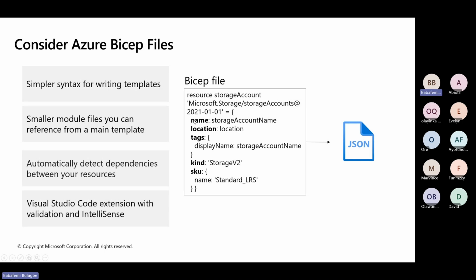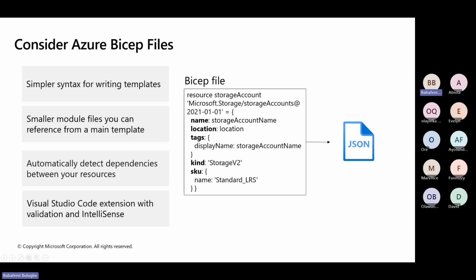Then you have the name of the storage account that we want to create. What location do we want to create the storage account in? And if you want to tag your resource, you can put the tag here, which is also a key value pair. You can see the display name is going to be the storage account name.